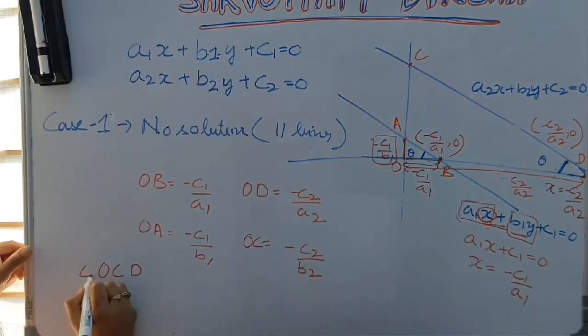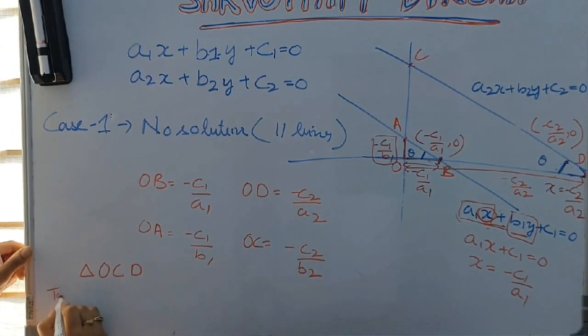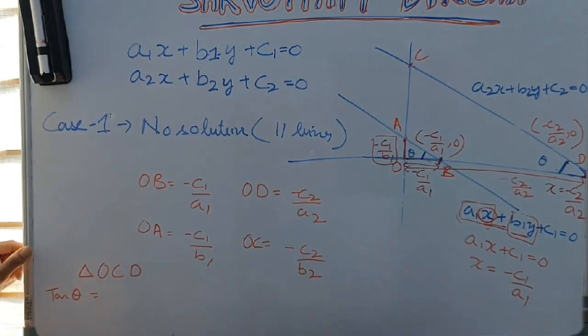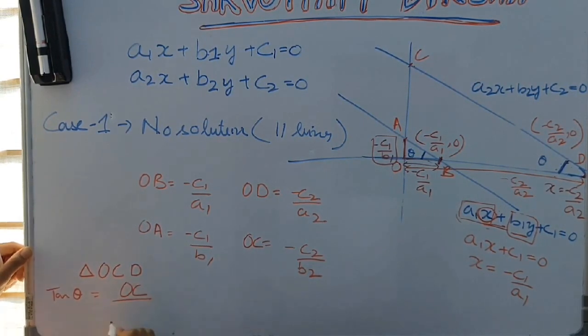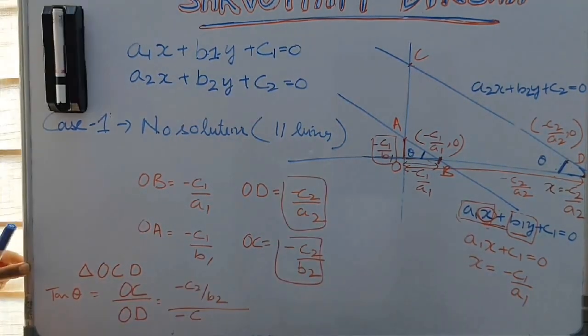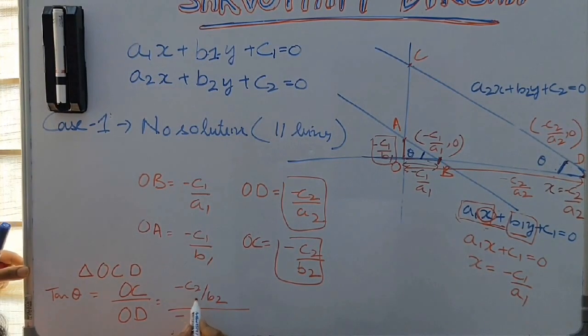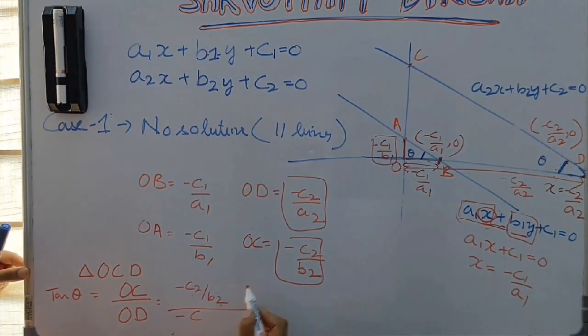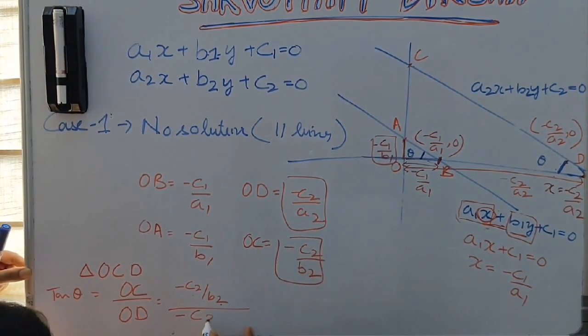In triangle OCD, what is tangent theta? Tangent theta is nothing but OC by OD. Now, what is OC? OC is minus c2 by b2. And what is OD? Minus c2 by a2.